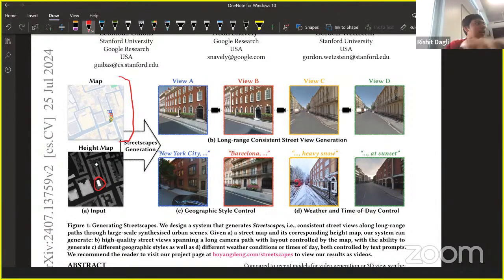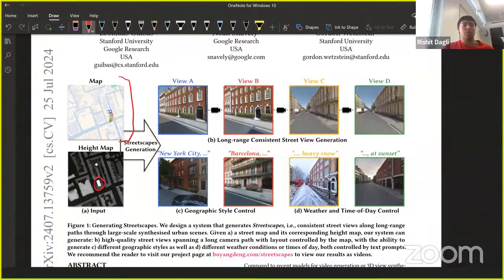So on, just like relative height of all of them. So you have both of these inputs, and then you want to generate streetscapes like these.